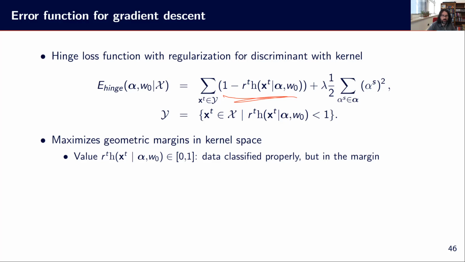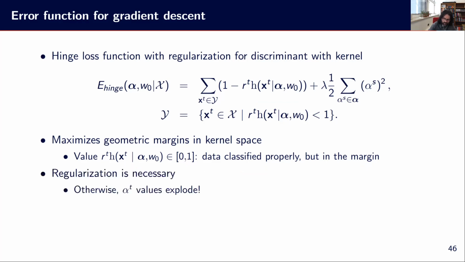And the value of R, we'll see the kernel formulation later on, but the values where R times H xt are between 0 and 1 are correctly classified, but in the margin. And we need some regularization. That's why we have these things here. What we see is that the alpha, in fact, will explode because one possible way to solve that problem is to get huge alphas.